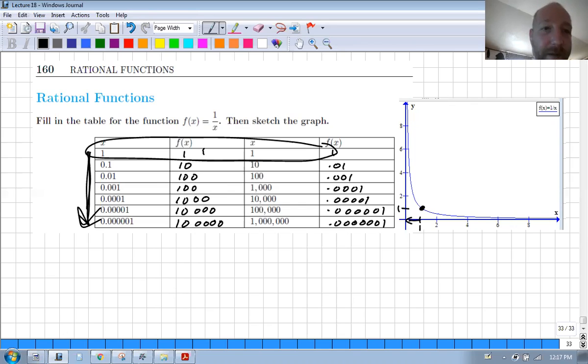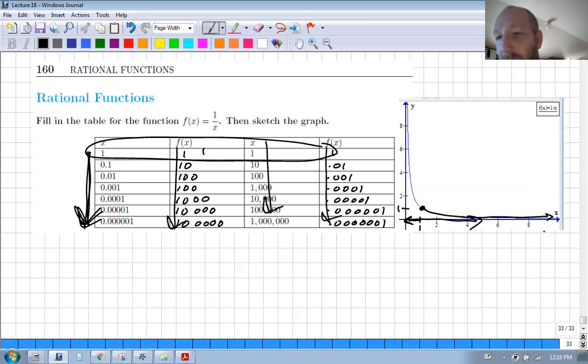All right, as we get closer to 0 this way, our function gets bigger and bigger. So that's why this thing goes up to infinity. Now, as x gets bigger and bigger, meaning we're going this way, our function gets smaller and smaller. That's why this thing gets small and small. It gets close and close to 0, but it never reaches it.